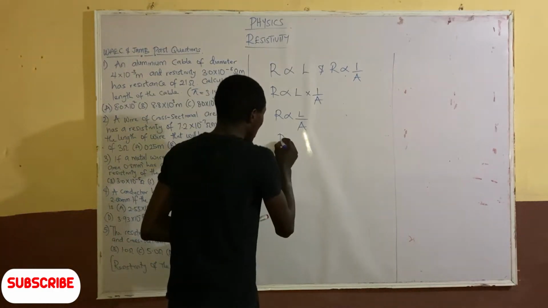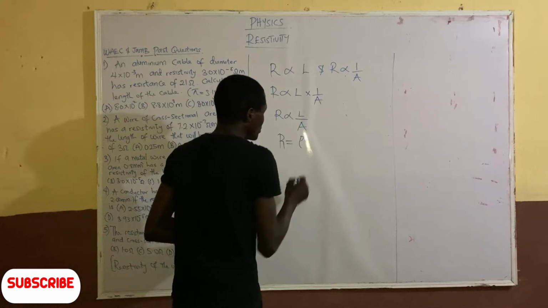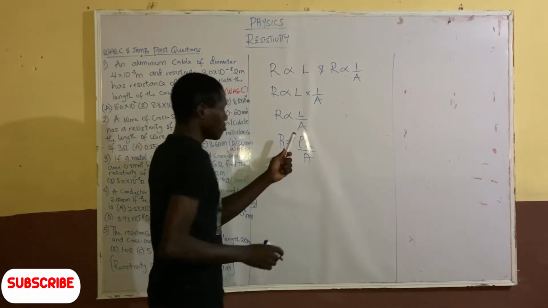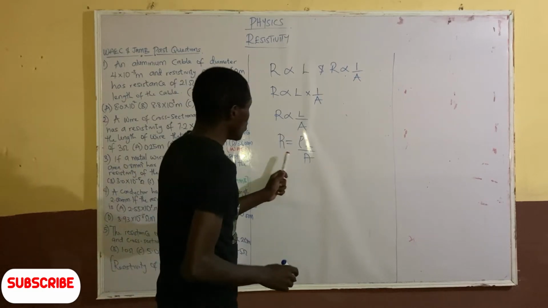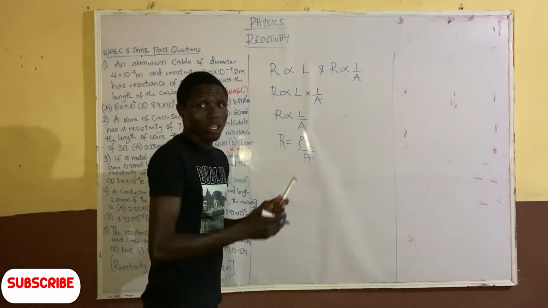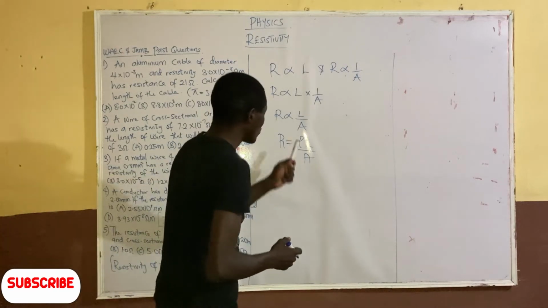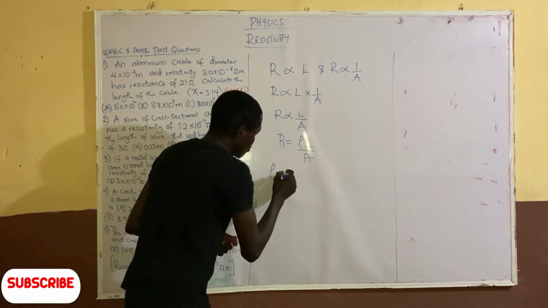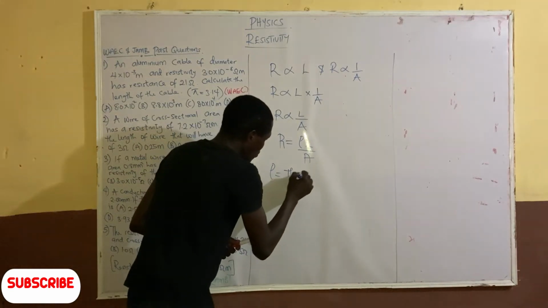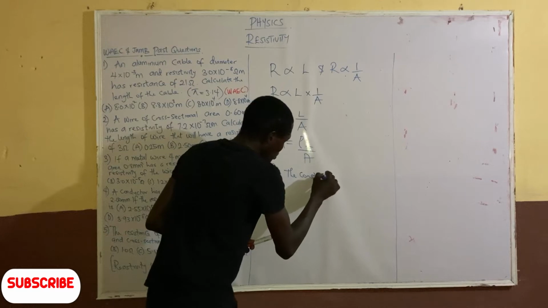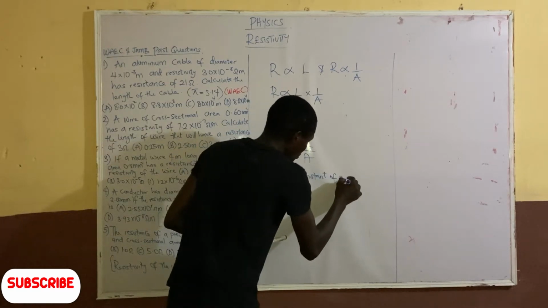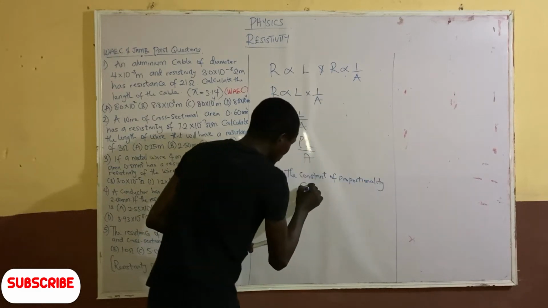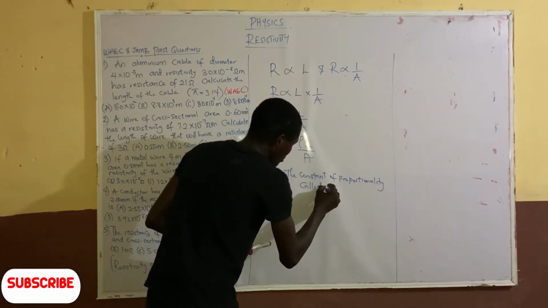So we have R equal to rho, the resistivity, times L all over A, where rho is the constant of proportionality, called resistivity.